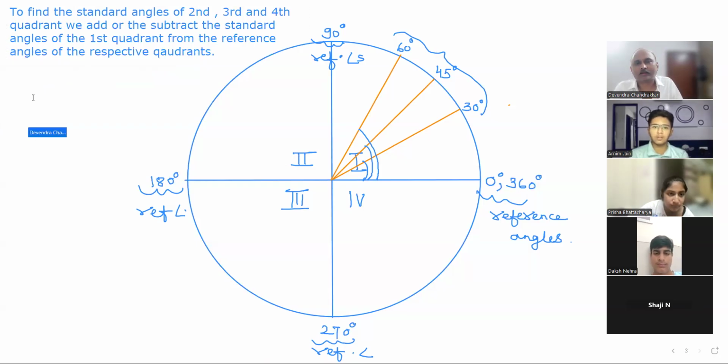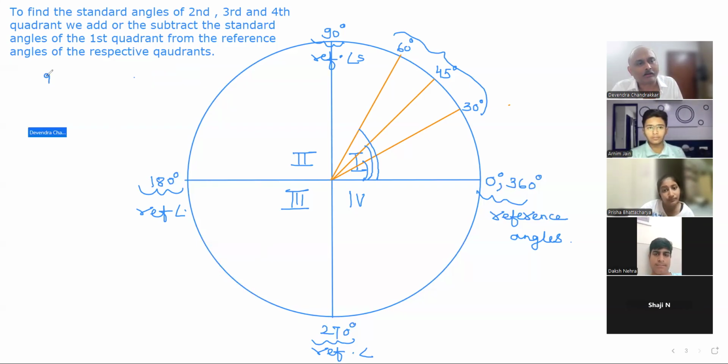So, which are the standard angles of the first quadrant? 30, 45, and 60 degrees. Suppose I want to find the standard angles of the second quadrant. Which are the reference angles for the second quadrant? 90 and 180. Okay, Arnim?